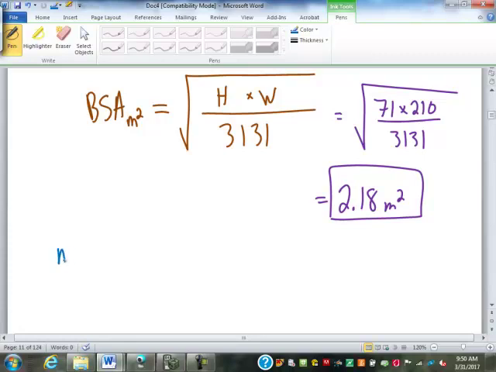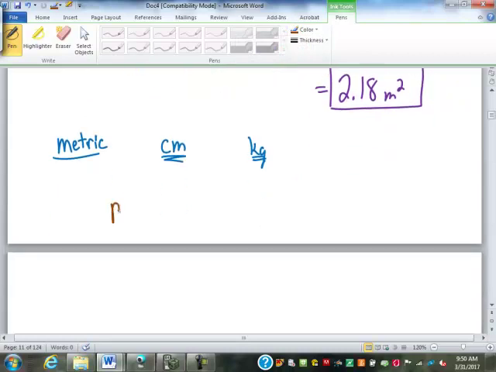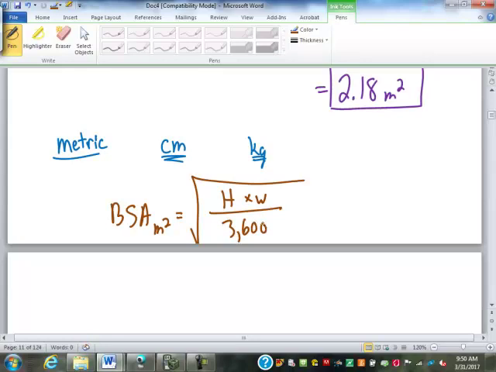If we have the measurements in metric units, in other words, the height is in centimeters and the weight or mass is in kilograms, body surface area in meters squared again is the square root of the height times the weight divided by 3,600.